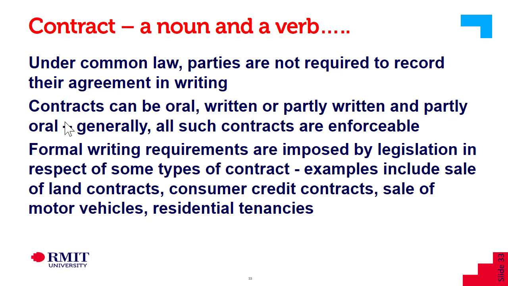So contracts can be oral, they can be written, they can be partly written, partly oral, they can be made in all sorts of ways. And the kind of writing doesn't necessarily need to be writing on paper either. You can make a contract provided that you have agreement comprising offer and acceptance, usually, consideration, intention and certainty.